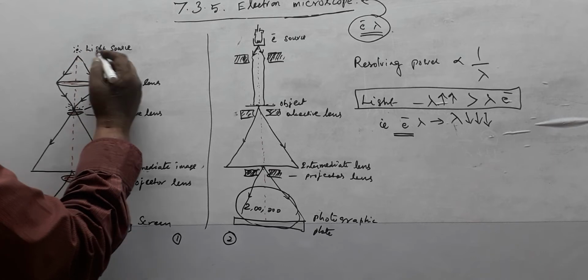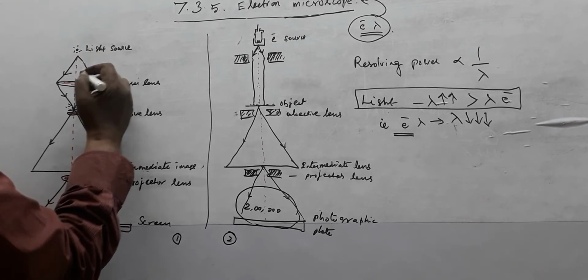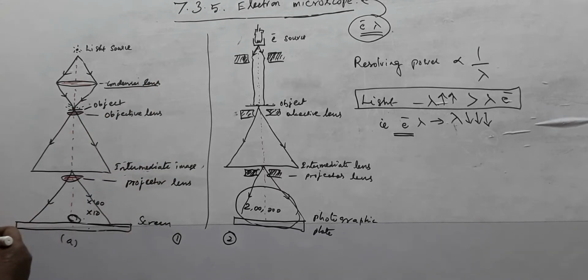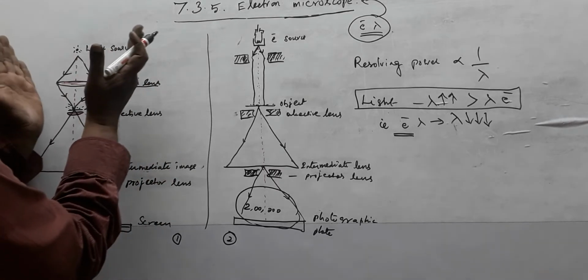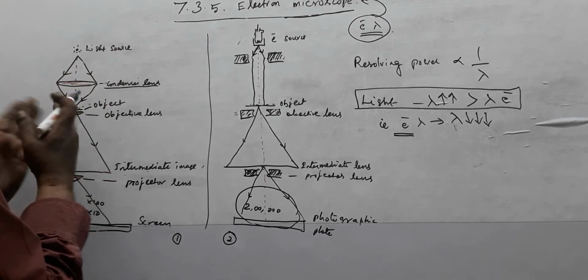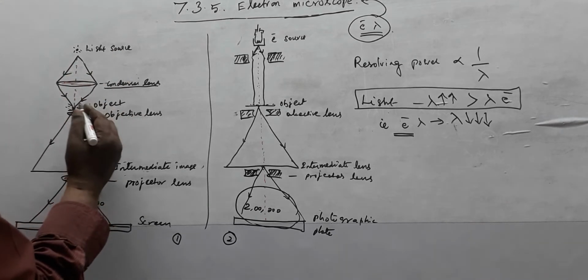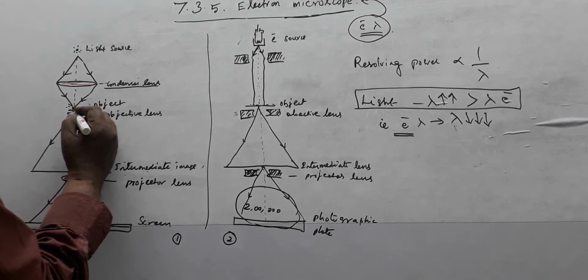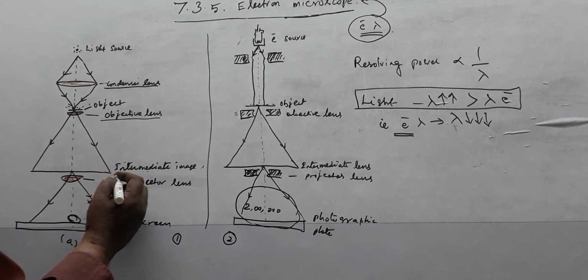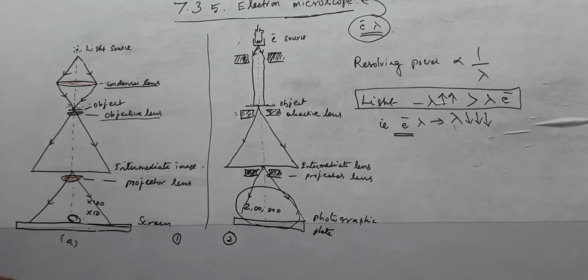The ray which comes from the light source hits the surface of the condenser lens, then converges and focuses on the object, so that it is magnified by means of the objective lens, and we get an intermediate image.